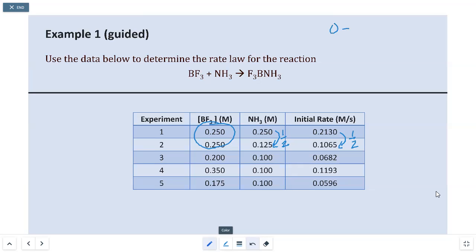So if those are my guidelines for 0 order, 1st order, and 2nd order, which one is this most alike?